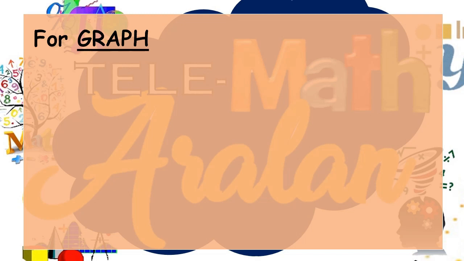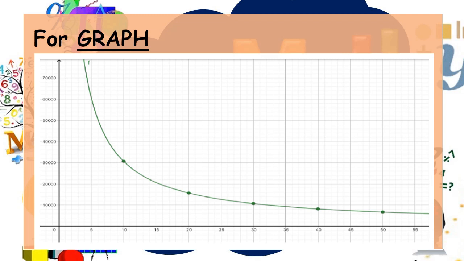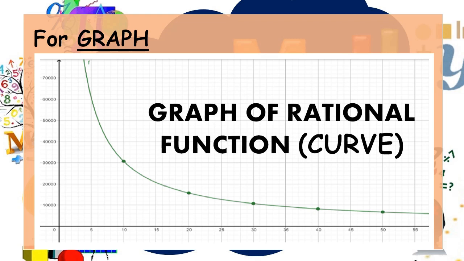Using a graphing tool like Microsoft Excel or GeoGebra, this is the graph of the problem. By connecting the lines, we can clearly see that it follows a curve. And a curve is the graph of a rational function.